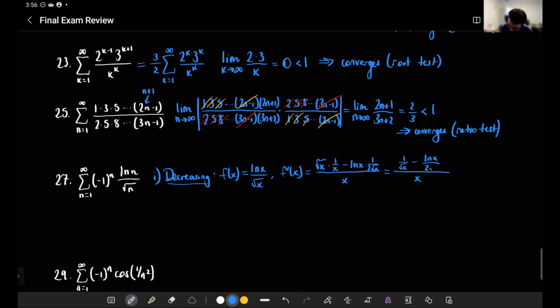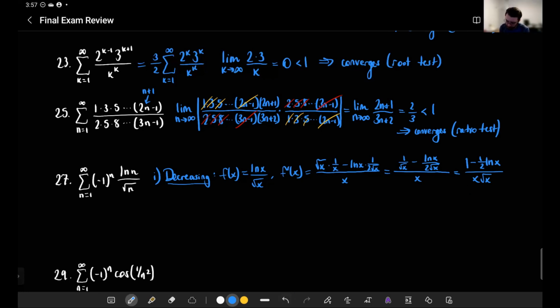Natural log of x over 2 root x. So if I want to combine those two fractions, get a common denominator, I think I can write this as 1 minus a half log x with square root of x in the bottom. And then let's also keep our x down here. Okay, so fingers crossed that my algebra is all correct.